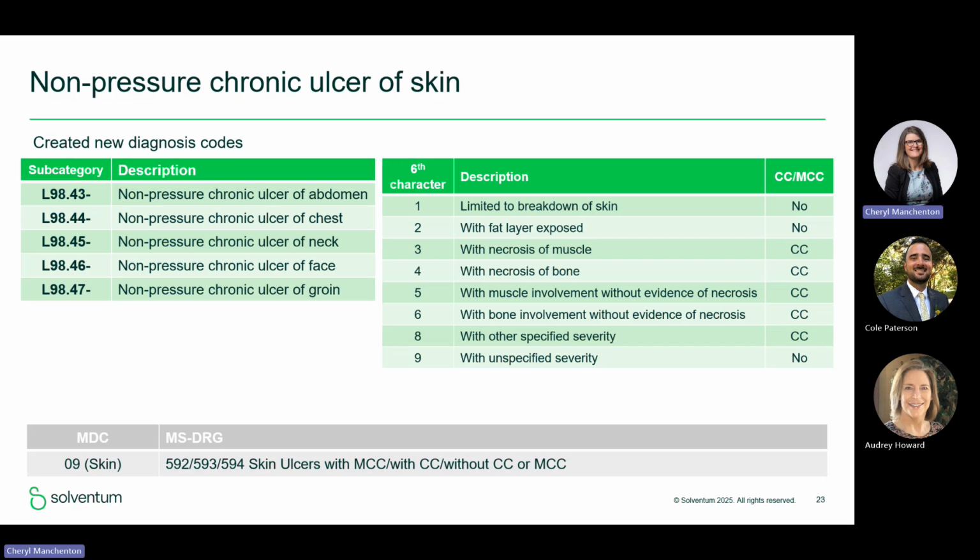And our next topic. Next topic is a whole bunch of new codes, and those new codes were originally created for the specific location of non-pressure chronic ulcer of skin. The new codes were specifically requested to be able to classify xylazine-associated wounds.